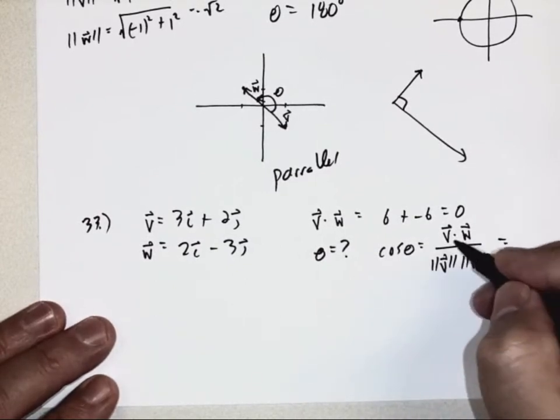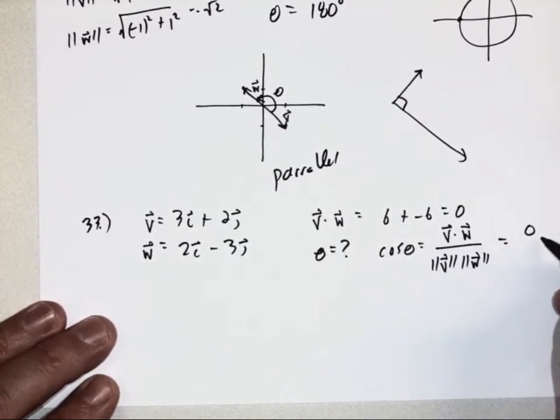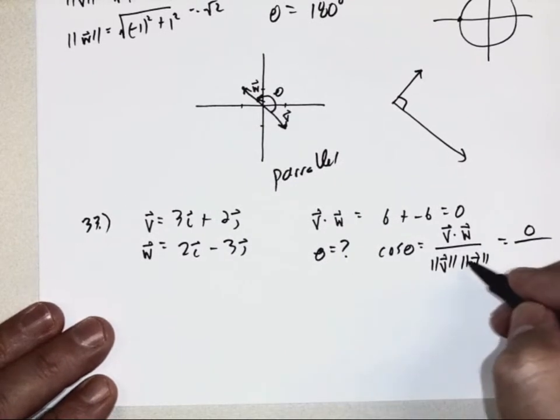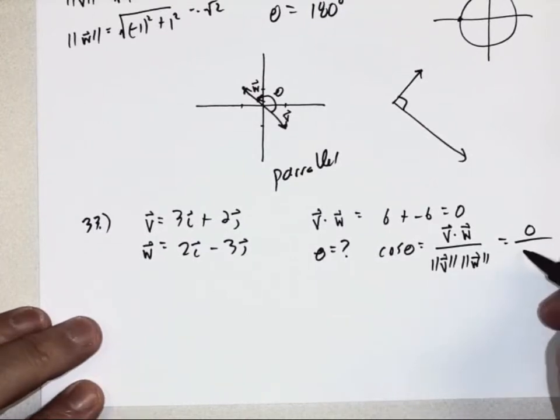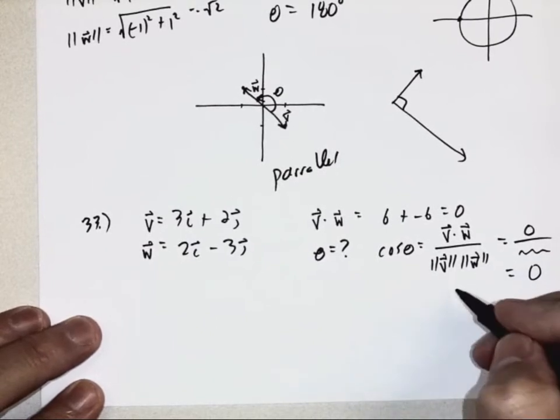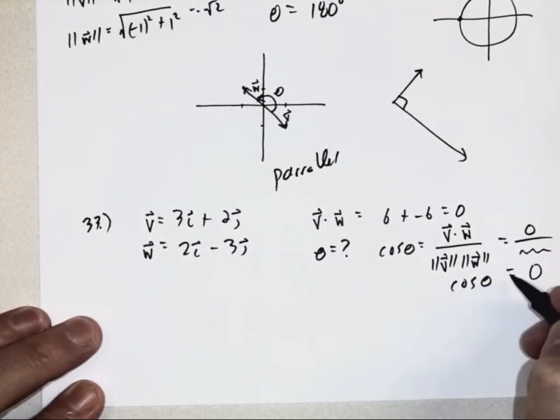This is real simple because I know the dot product is 0. I don't even have to calculate those magnitudes because 0 over anything is 0. So I'm going to have cosine of theta equals 0.